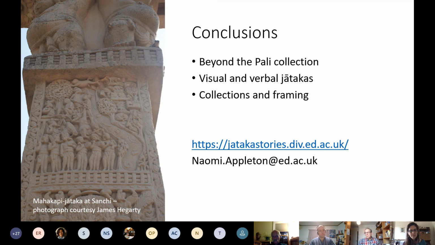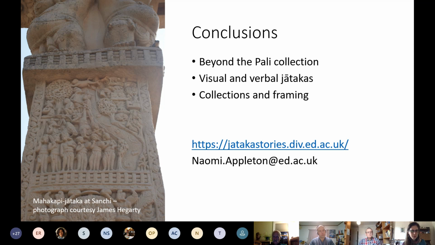I think we have had this problem in Western scholarship on Buddhist narrative literature, which is much less of a problem now, but it certainly has been, of just tending to see stories as being just stories. What we actually find in Buddhist literature is quite a complex set of understandings of these narratives as an important genre.